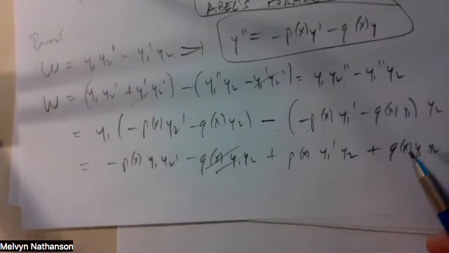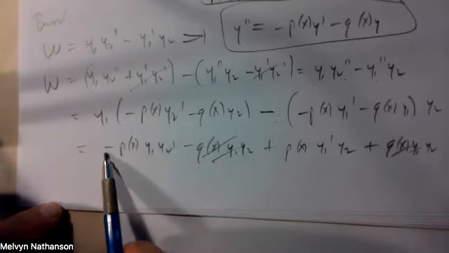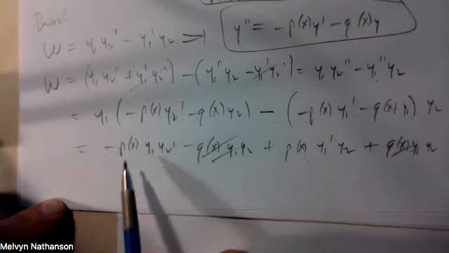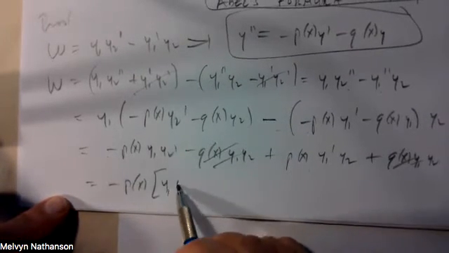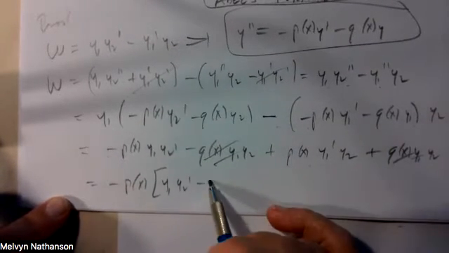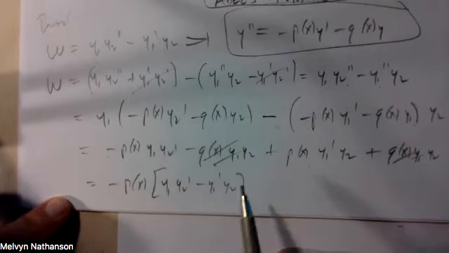And it looks like these two q terms cancel, and I'm left with these two terms. If I factor out a minus p of x, I get minus p of x times y1 y2 prime minus y1 prime y2.